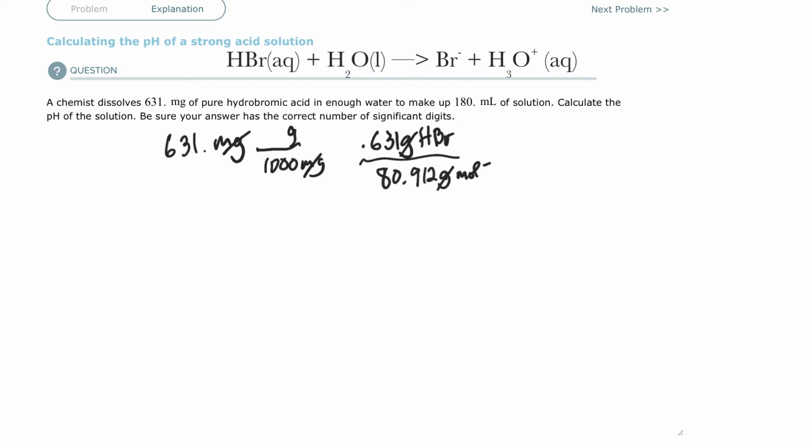One second. 0.631 divided by 80.912. I have 0.007798596 moles of HBr.